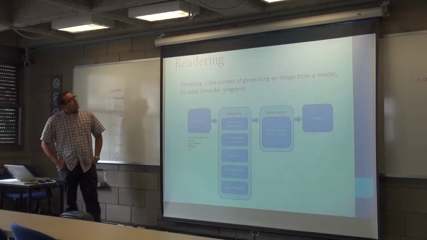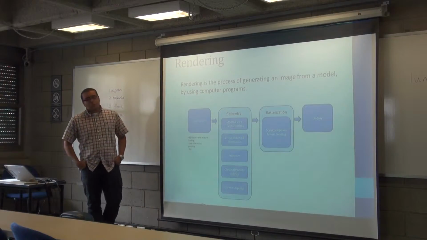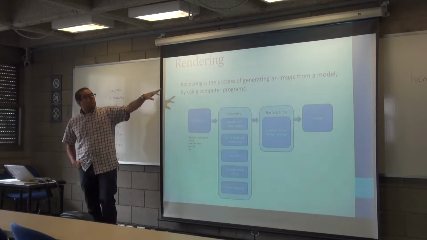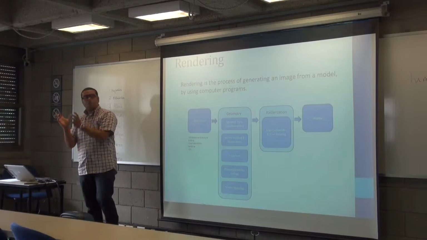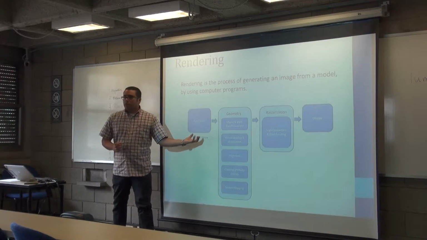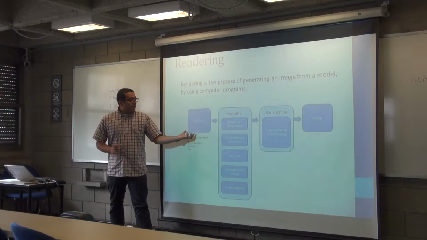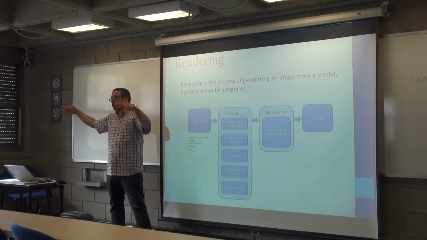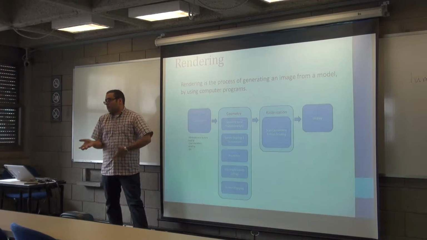But what is rendering? Rendering is the process of generating an image from a model by using computer programs. So we got a model here. It may be a CT three-dimensional model or just an Excel formula.